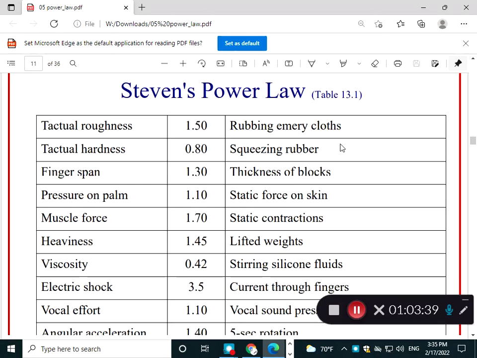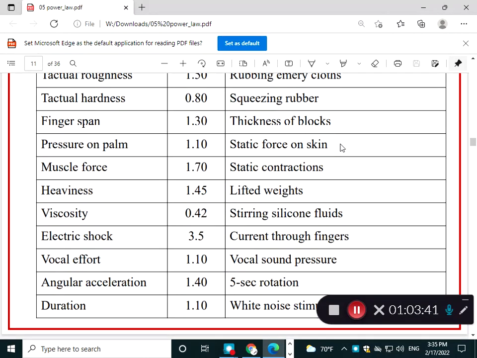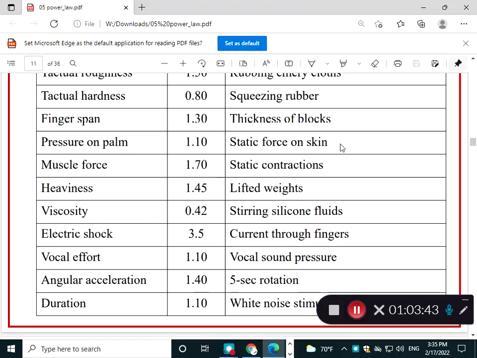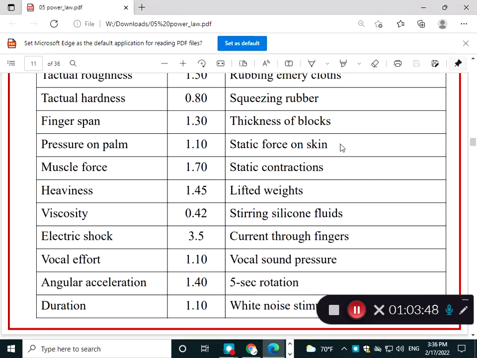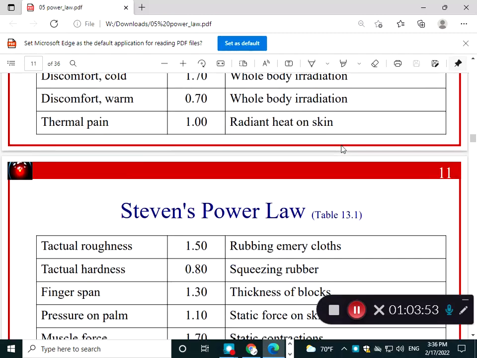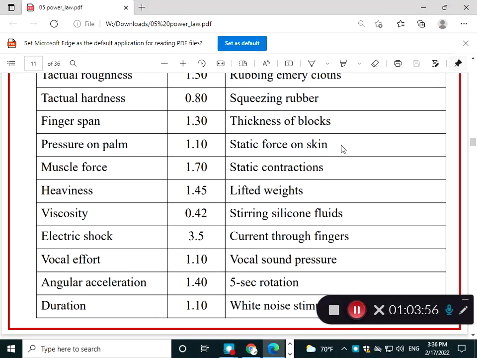Everybody look at this. Did you see anything that, holy cow, is really a large exaggeration? Which one is a lot of exaggeration? Electric shock. Yeah. So if you want to give people a warning, zap them. Of course, don't kill them. Just give a little.